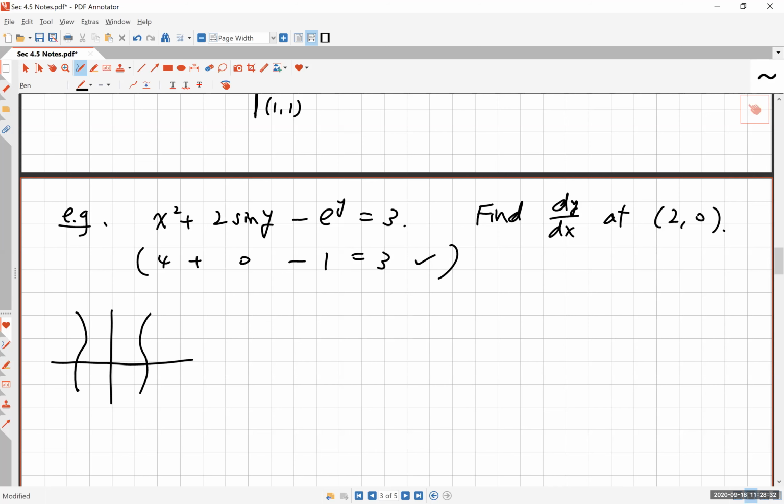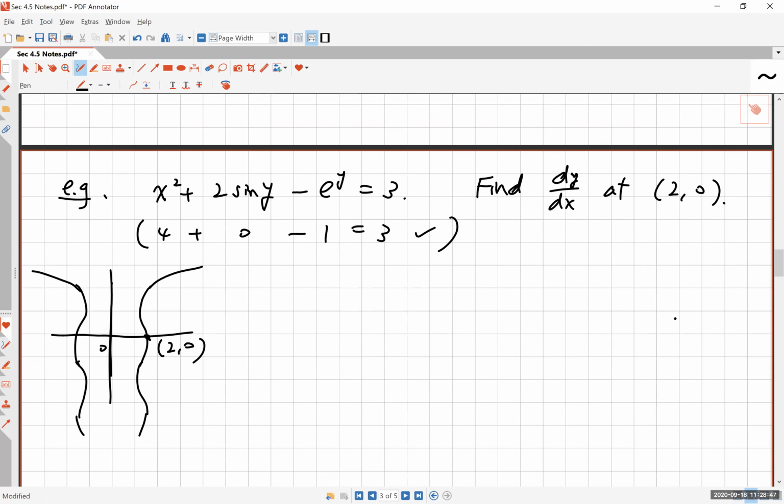It's a very interesting graph. The set of all points satisfying this would look like this. This is the point we are looking for, okay? Try to find the slope of this, and let's see if you can come up with this on your own.